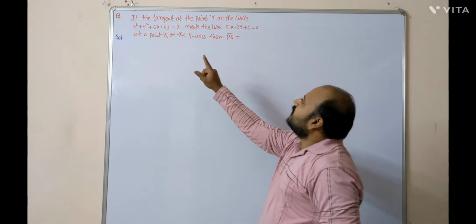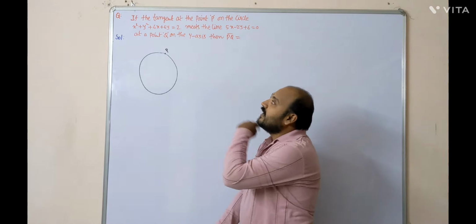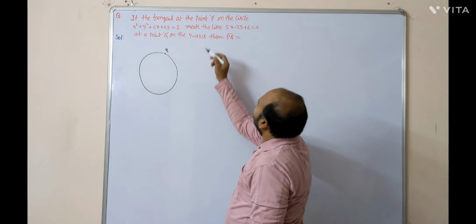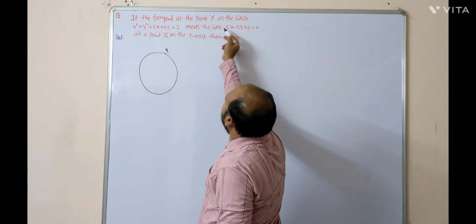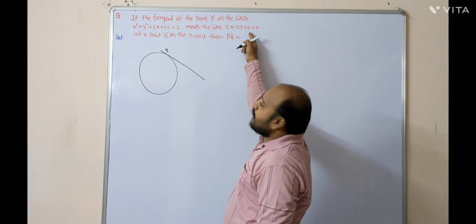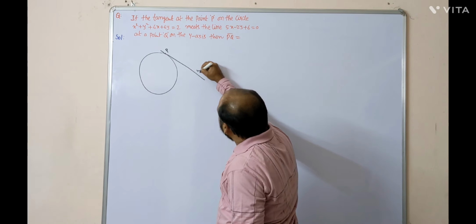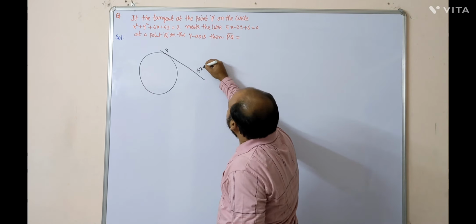The tangent at the point P on the circle meets the line 5x minus 2y plus 6 equal to 0 at the point Q. This is the tangent equation only, which meets on the y-axis.